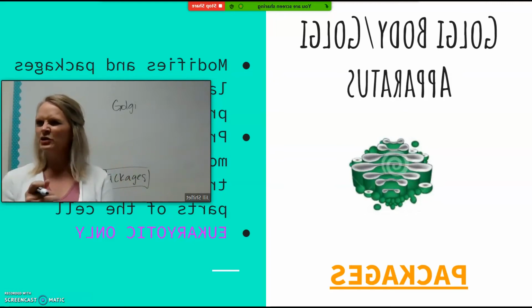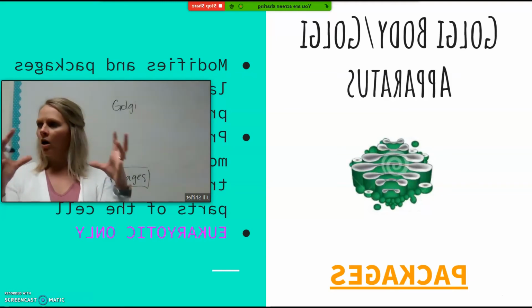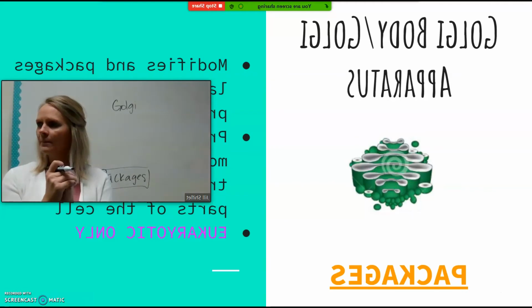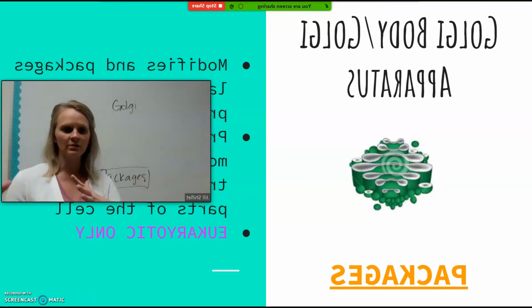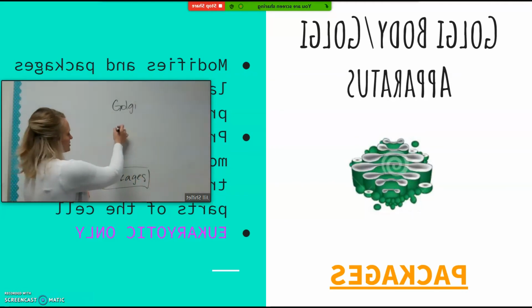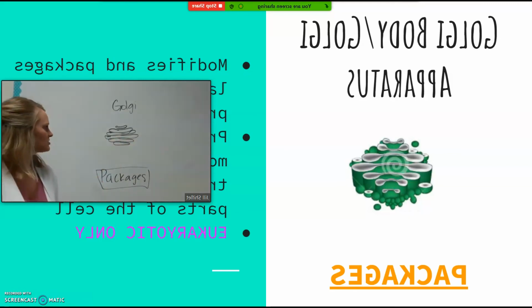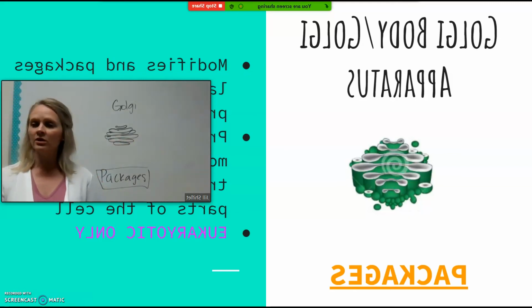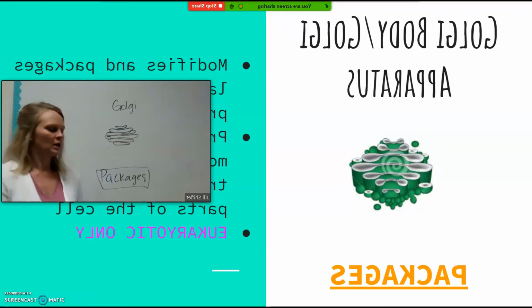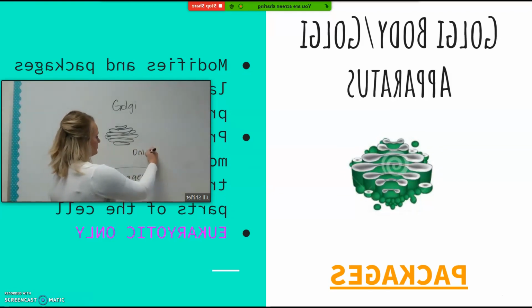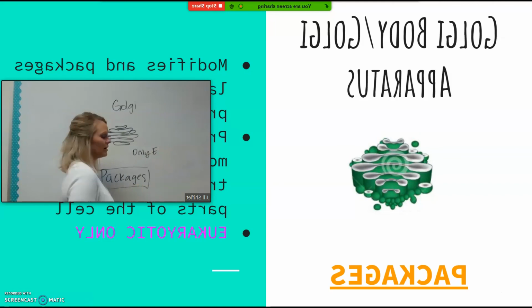It modifies it, so if there's any little changes that need to happen, it finishes it up, gets it all perfect, packages it up into a nice, neat little package, and gets it ready to send off to other parts. It, again, kind of looks like flattened little sacs, but there's no smooth and rough parts. It's near the endoplasmic reticulum, and it's only in eukaryotic cells.